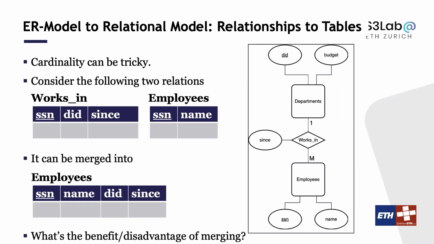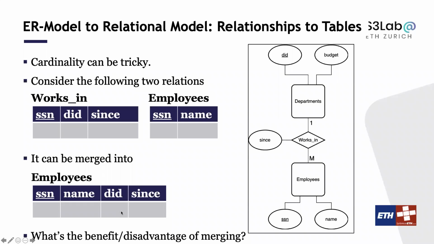But on the other hand, the first one could also be beneficial. There's one interesting consequence of modeling it in the second way. That is, you are actually assuming every single employee must be associated with a department.